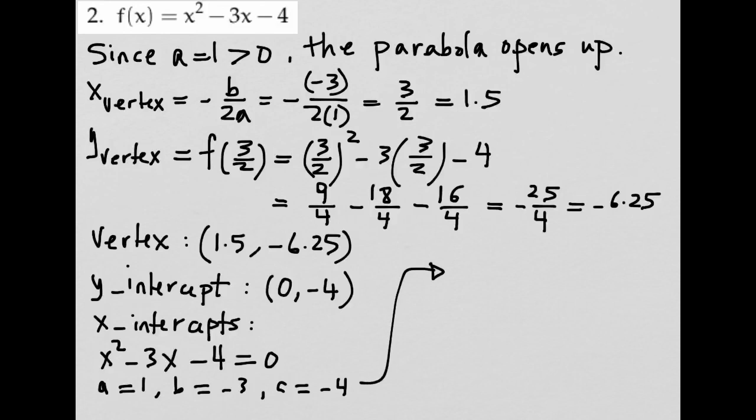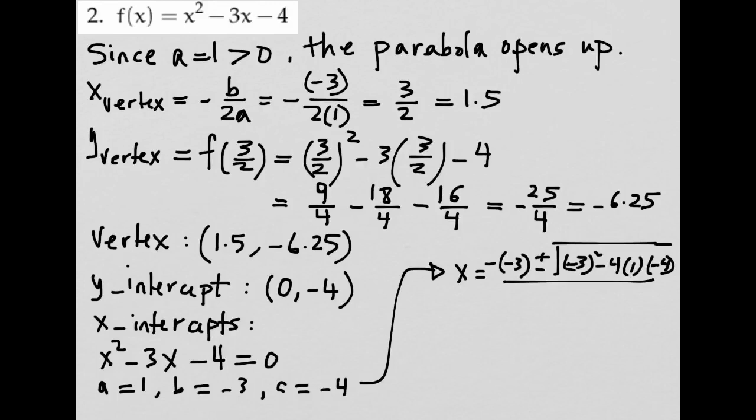So let's use the quadratic formula. x equals minus b, that's minus minus 3, plus or minus the square root of b squared minus 4ac, that's minus 3 squared, minus 4 times 1 times minus 4, all divided by 2a, which is 2 times 1.